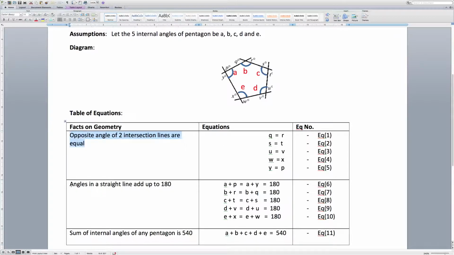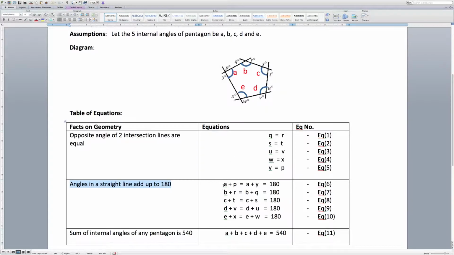Similarly, we use the fact that angles in a straight line add up to 180 degrees. Again, this cannot be challenged. This is very fundamental. If you look at this straight line highlighted here, the sum of angle A and angle P together makes a straight line, which is 180 degrees.